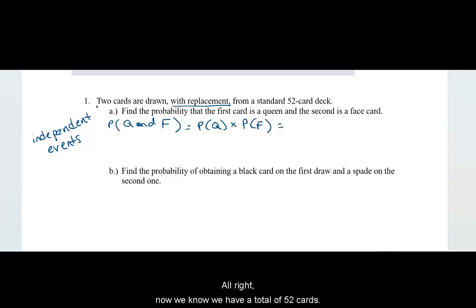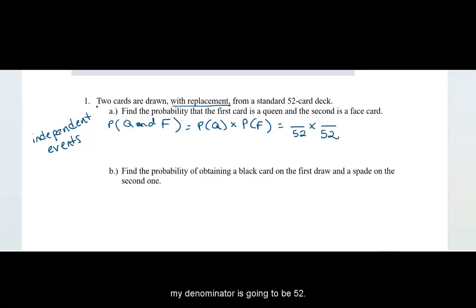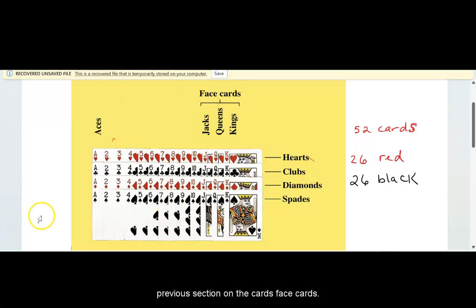All right, now we know we have a total of 52 cards. So no matter what, when I multiply, my denominator is going to be 52. But let's go back to that document we looked at in the previous section on the cards. Face cards: up here, face cards are Jack, Queen, King, right?